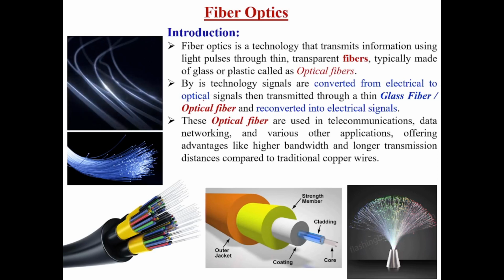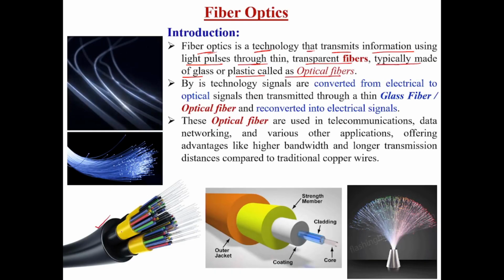In short, fiber optics is a technology that transmits information using light pulses through thin transparent fibers, typically made up of glass or plastic, called optical fibers, which physically look like this.